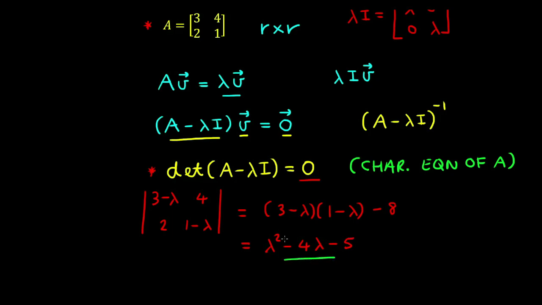So this here is the characteristic polynomial, which we denote P of lambda. And this polynomial has a degree R, corresponding to the number of rows or columns in this matrix.